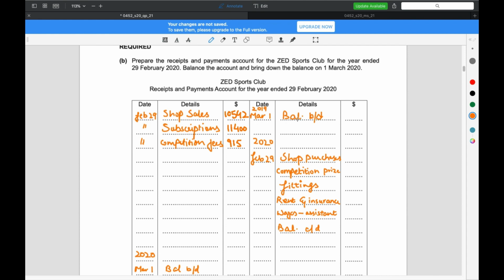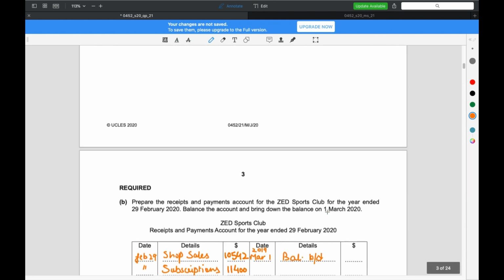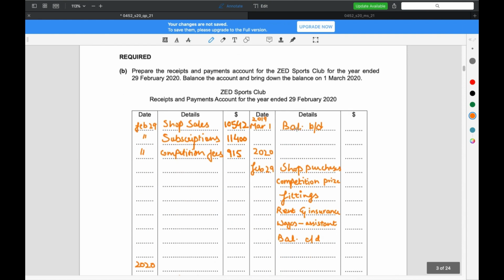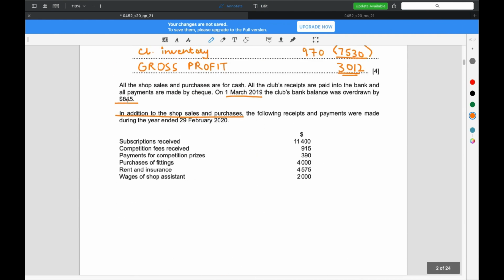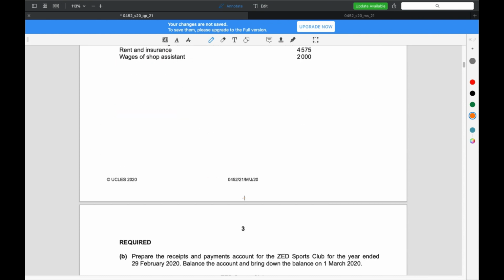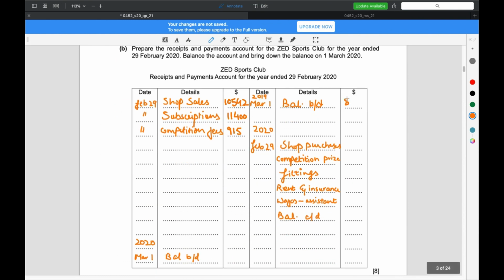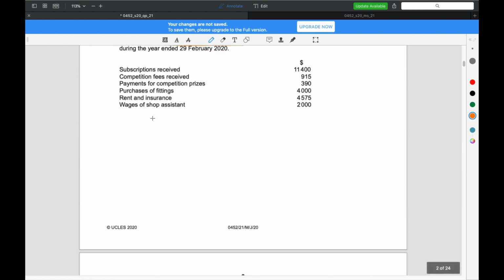And the balance brought down he's given you is over on the credit side. Why? Because the bank balance is overdrawn, so it's going to be on the credit side, and it's overdrawn by 845 dollars. So write that down, $845. And then he's given you a bunch of payments over here. Competition prizes, 390, purchases of fittings, 4,000, rent and insurance, 45.75, and then wages of the shop assistant.